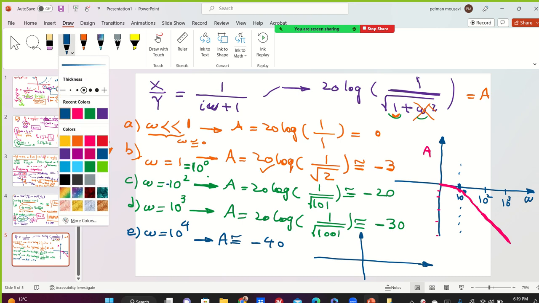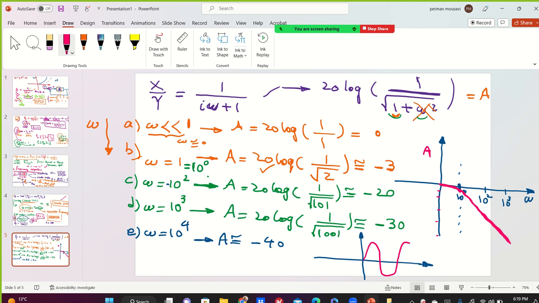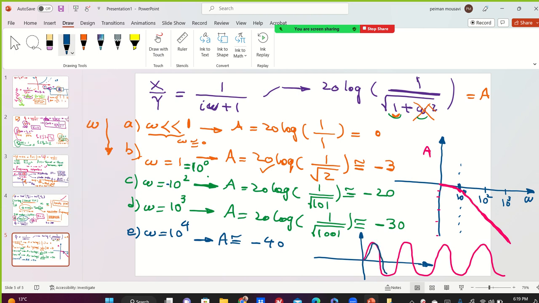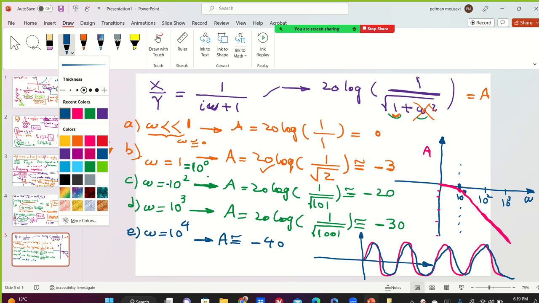Guys, look at here. It says this is the input to the system, sine omega t. For low frequencies, it's going to be like this, the output. Ballpark, okay? Because I didn't plot the phi yet.